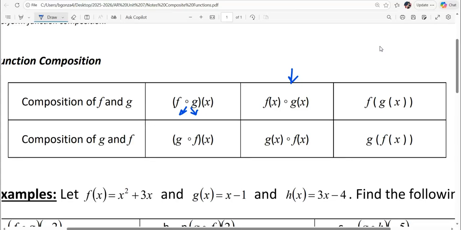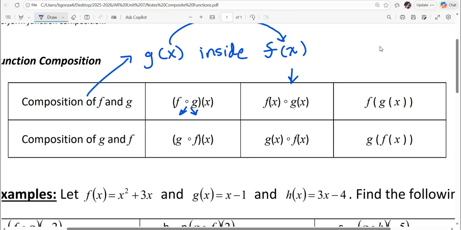f composed of g, f of g, is f of x, o, g of x, okay? And what does that mean? You put g of x inside of f of x, okay? So g of x inside f of x.